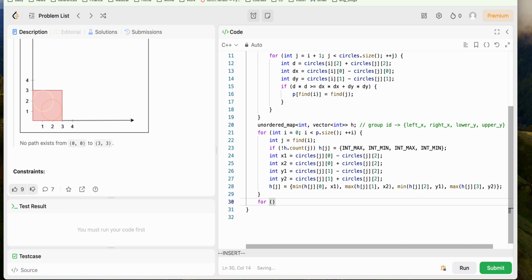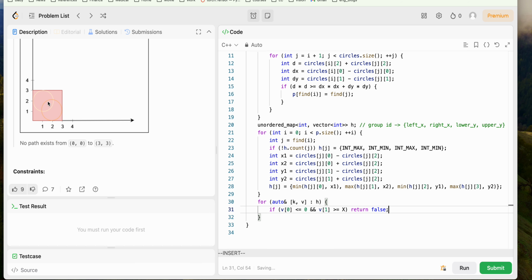Then we loop over all the key values in h. There are 3 conditions, right? The first is if v0 is less than or equal to 0 and v1 greater than or equal to x, we need to return false.